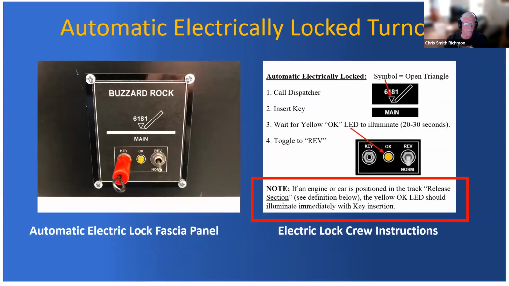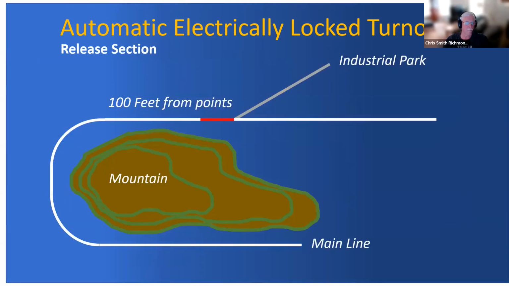Now, a little enhancement for additional realism: most electrically locked turnouts have what's called a release section in the prototype. It's a section roughly 100 feet from the points that is individually detected, and it will know if a train or part of a train is on that section. What it does is give the crew an immediate release, where as soon as they key, they can move the points.